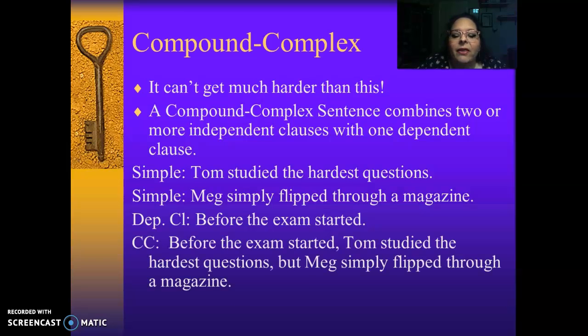So you stick them all together. Before the exam started, Tom studied the hardest questions, but Meg simply flipped through a magazine. So the before sentence attached to the Tom sentence, that's the complex sentence. And then the Tom sentence connected to the Meg sentence with the word but, that's a compound sentence. That's why this is compound-complex.